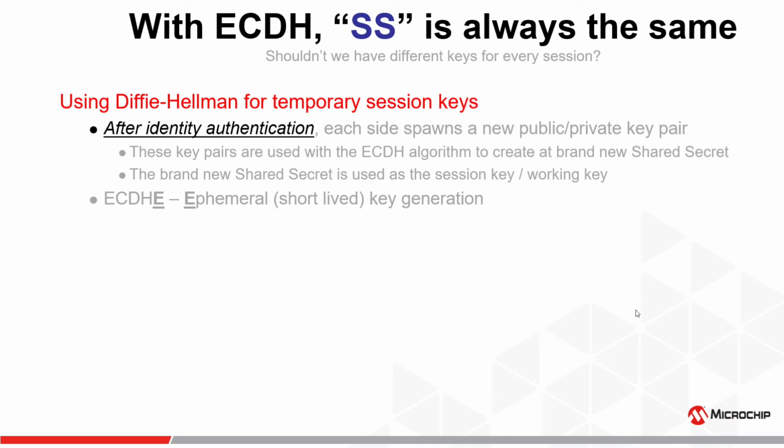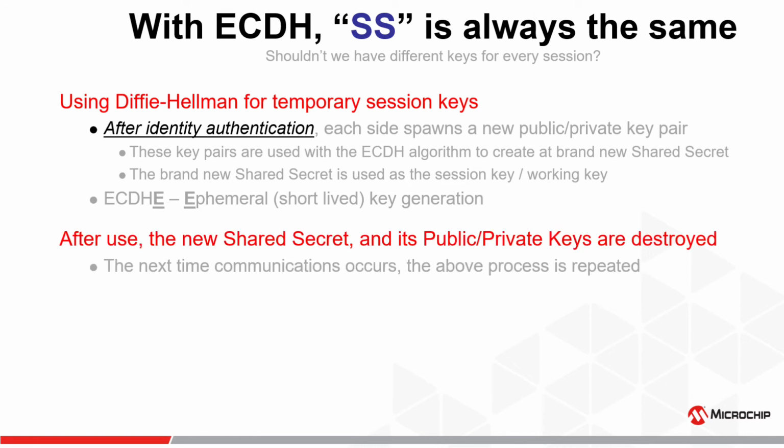They would take the new public key of the other and dot multiply it against their own private key. This would create a new shared secret based on the new public-private keys they created. They would use this new shared secret as their session key.